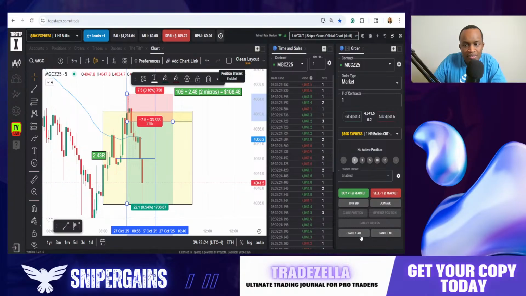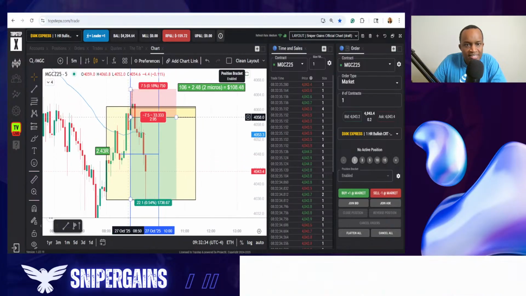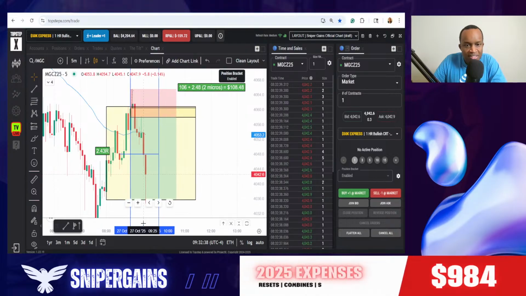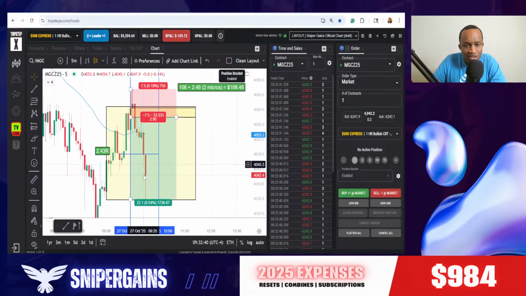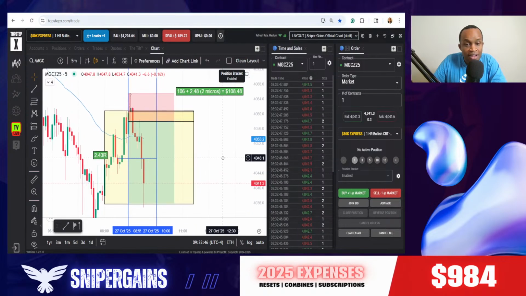Yeah, that would have been nice, but with my system, it requires me to get the gap fill, then drive price down. So in this case, it did tap it, drove the price down, but did not fill it to drive the price down. It's just one of those opportunities that was missed. It's all good. We're just going to have to look for another setup.